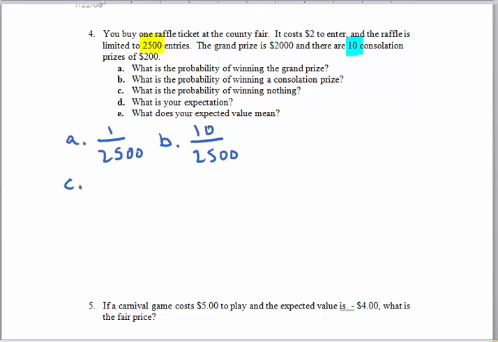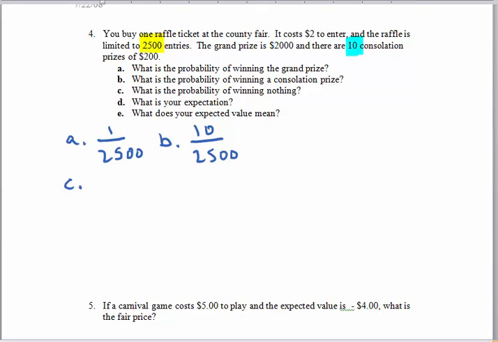Well, there's only 3 options here. You're either winning the grand prize, winning a consolation prize, or winning nothing. So really it's just 1 minus the probabilities of the grand prize or the consolation prize.